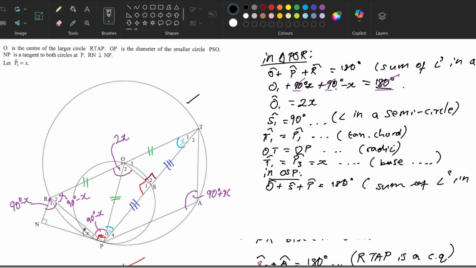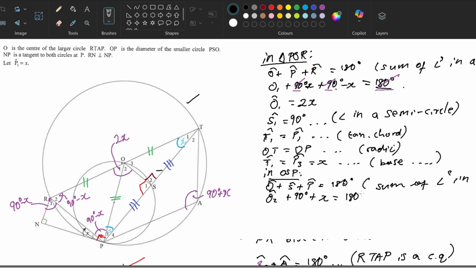Then you are having O2 plus S, we know it is S1, right? It is 90 degrees, and our angle P is going to be P3 on that triangle, isn't it? On this triangle, guys, hopefully you see it, right? So you are going to say plus x equals 180.